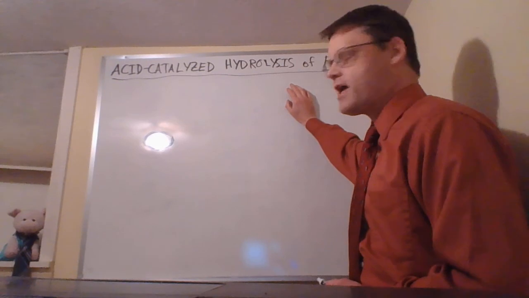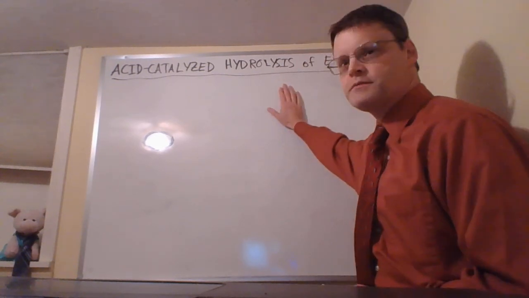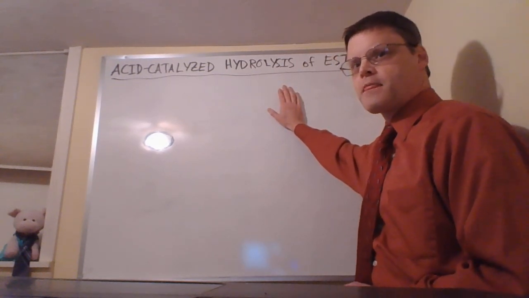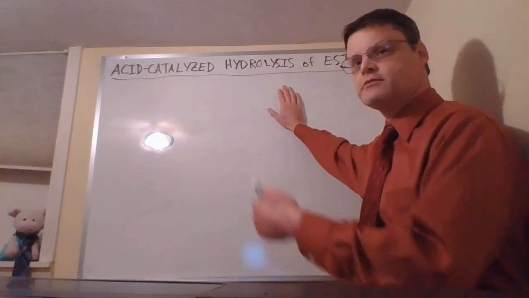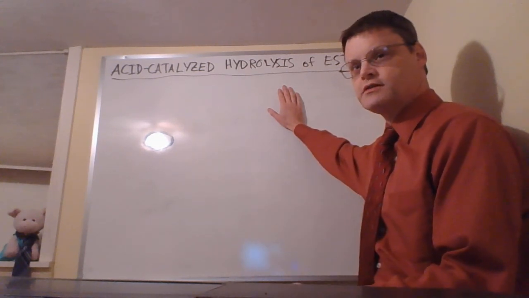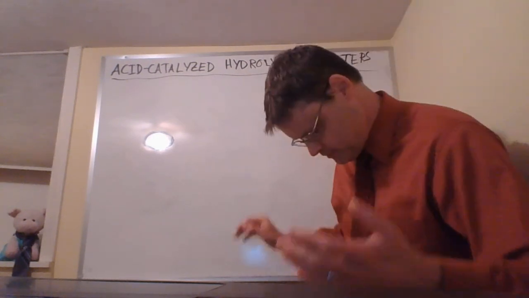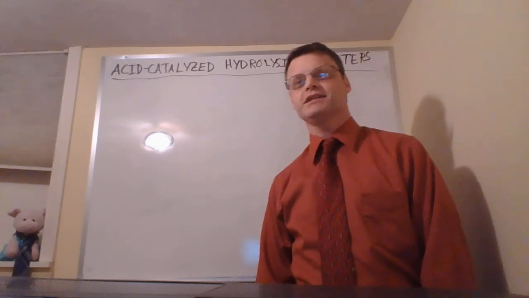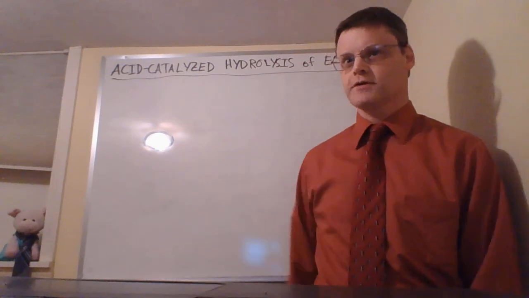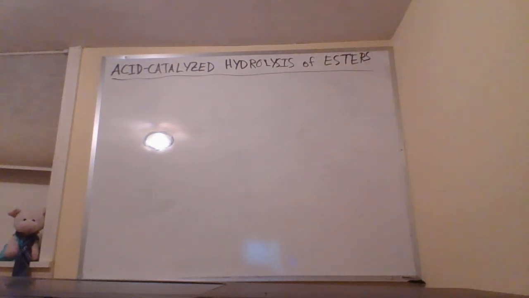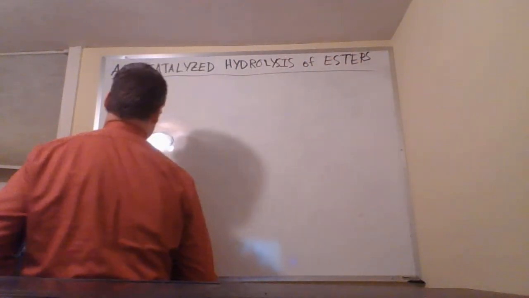This reaction is the microscopic reverse of the Fischer esterification. That means we have the same elementary mechanistic steps, but in the reverse order. All right, so let's look at an example of this.